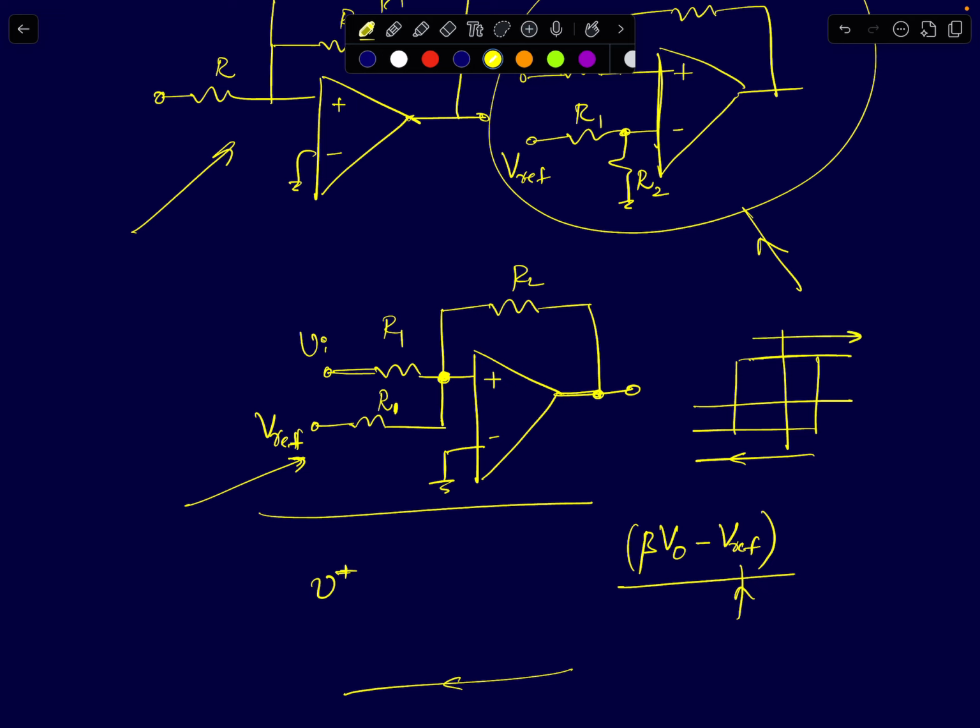So I'm not analyzing this circuit, I'll leave it to you. It's very simple to analyze and write the expressions, but I'm just showing you the different ways in which one can realize asymmetric threshold voltages.